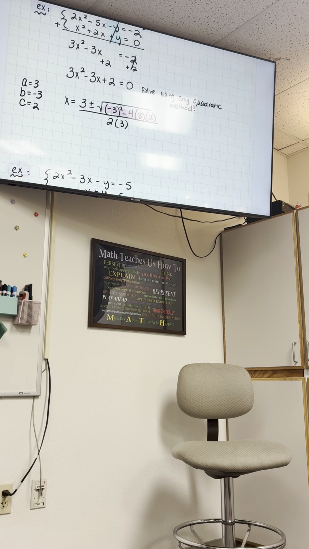Simplifying the discriminant first within that radical, so 3 plus or minus the square root of 9 minus, well, 4 times 3 is 12, 12 times 2 is 24, so 9 minus 24 over 6. 9 minus 24 is -15, right? So we have 3 plus or minus the square root of -15 over 6. What can we do for the root of -15?